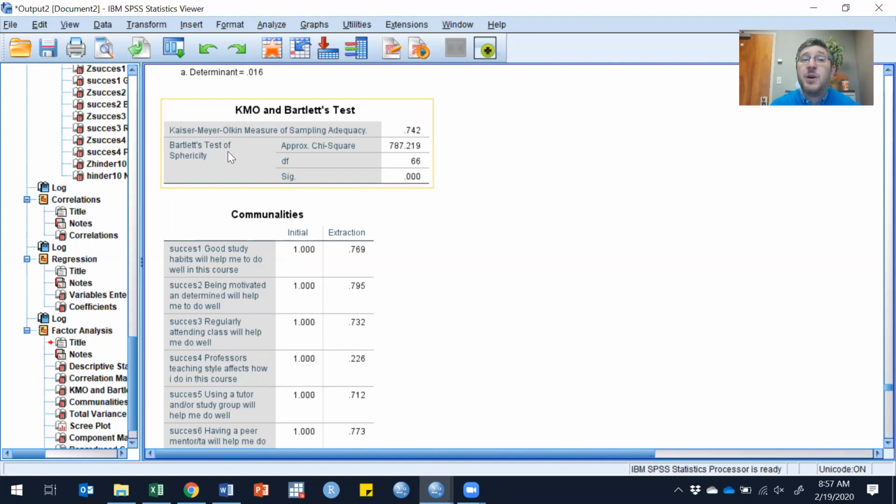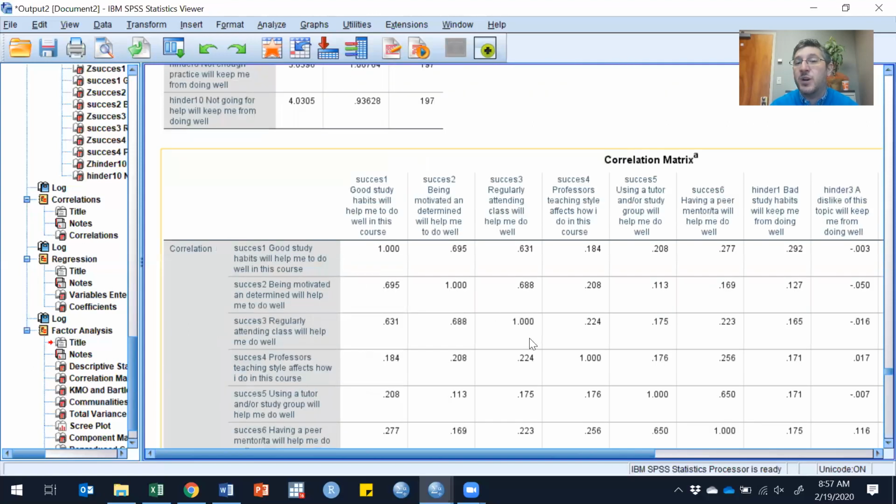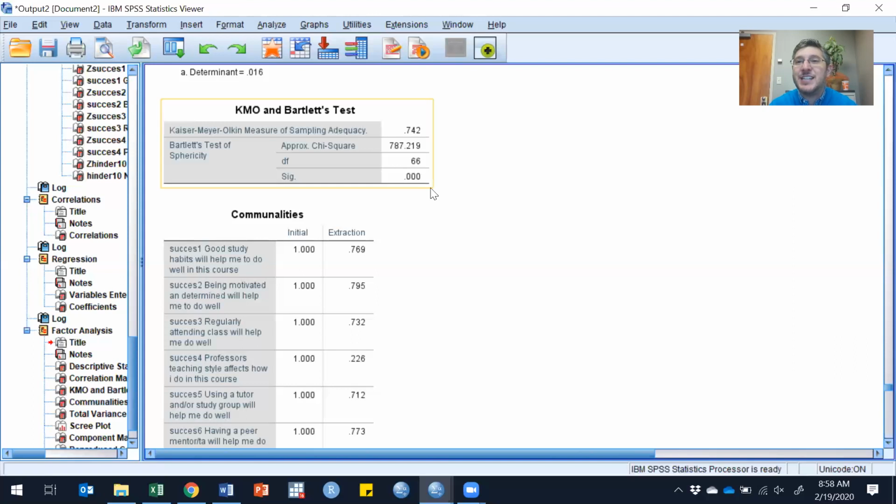Bartlett's test of sphericity basically tests whether your correlation matrix is different from an identity matrix. An identity matrix has ones along the diagonal and zeros on all the off diagonals. It's basically saying that there's no relationship among the variables. And surprise, surprise, it's different. If it's not, then it's saying that you really don't have anything going on here. You'd also have a really low KMO.